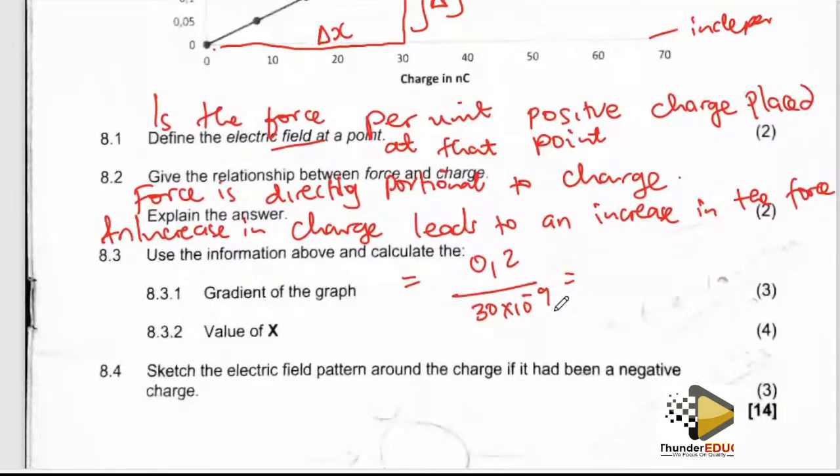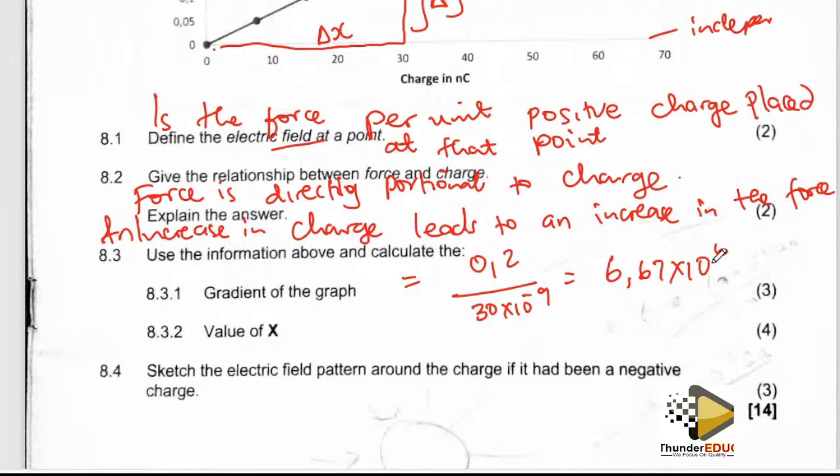So with what I have, 30 times 10 to the negative 9. It's a very big answer, but it's fine. Having 6,67 times 10 to the 6.